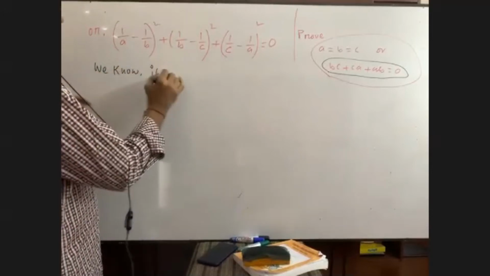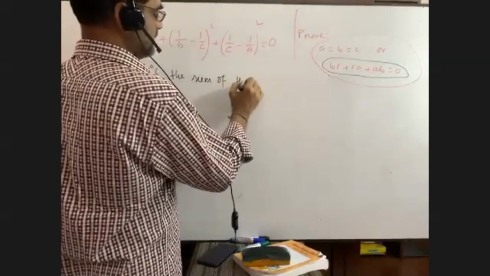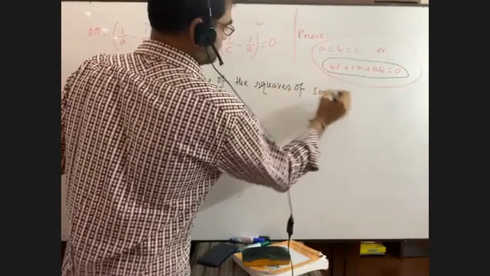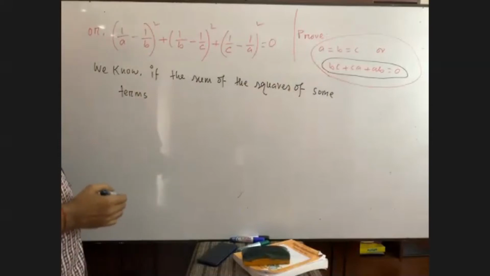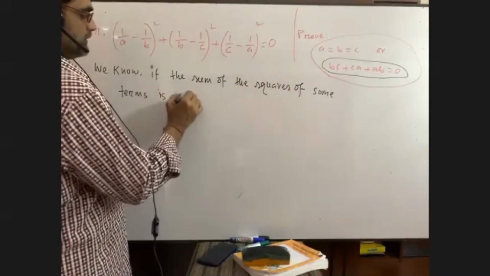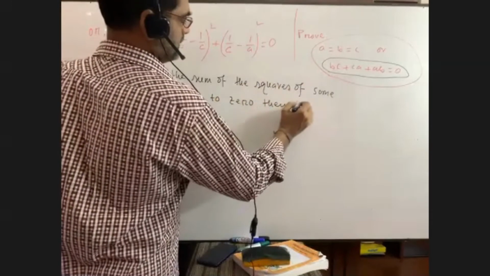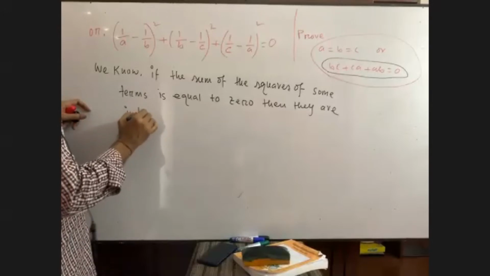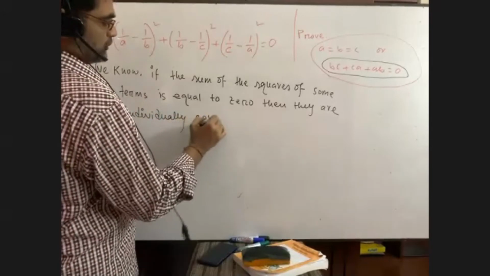We know, if the sum of the squares of some terms is equal to 0, then they are individually equal to 0.